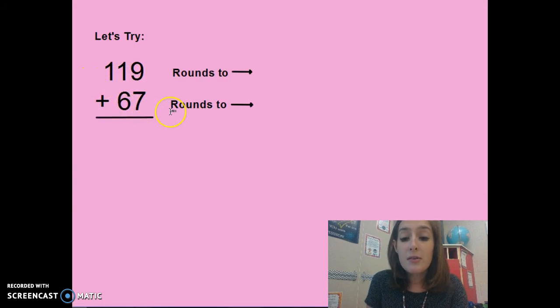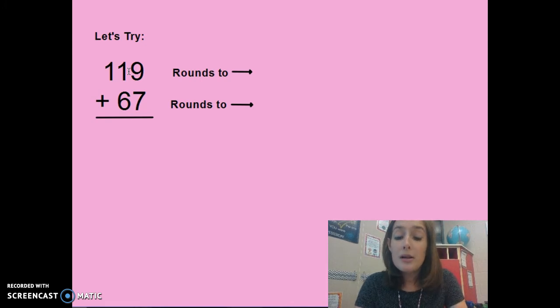119 plus 67. We're going to start off simple. So 119 plus 67, we need to round it. Now, we're not being told what column to round to, so we need to go ahead and just look at our numbers. We have a number in the ones column, we have numbers in the tens column, but we only have one number in the hundreds column.